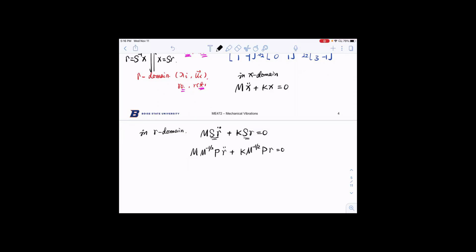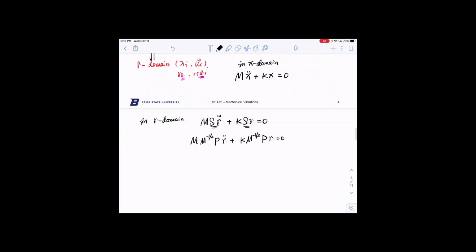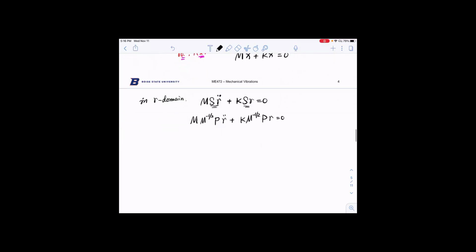And then you can easily multiply both sides by M^(-1/2). And then you have M^(-1/2) M M^(-1/2) P R double dot plus M^(-1/2) K M^(-1/2) P R equal to 0.